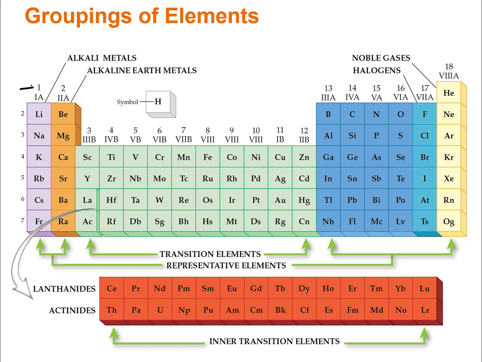These numbers going across, those are group numbers. And you'll notice that you see 1 through 18, but then you also see 1A, 2A, and you see some that have a B after them. The A ones are the representative elements.